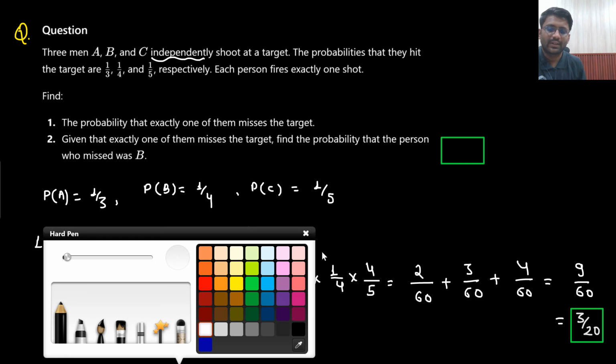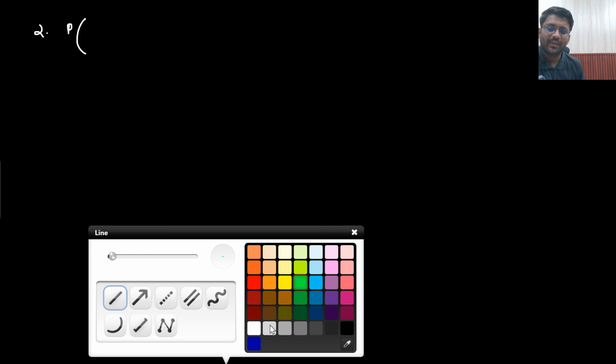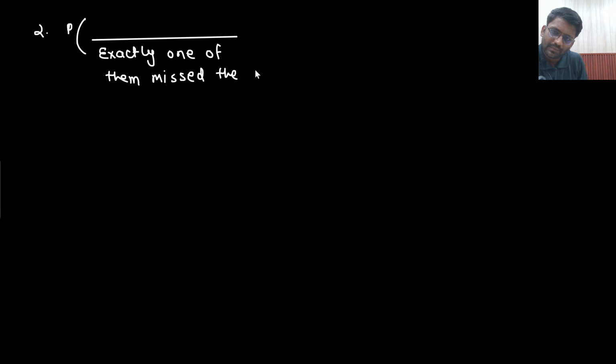Now the second question, what they are saying. Probability of, given that exactly one of them misses the target, find the probability that the person who missed was B. Exactly one of them misses the target.